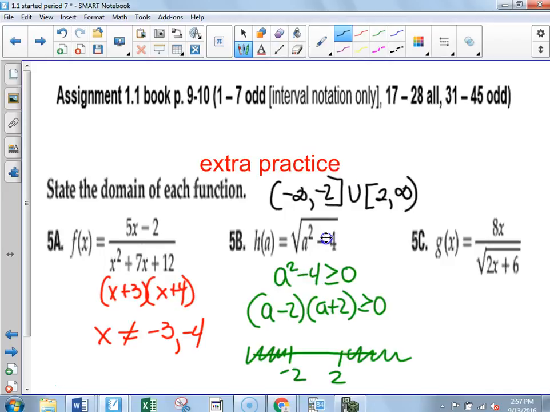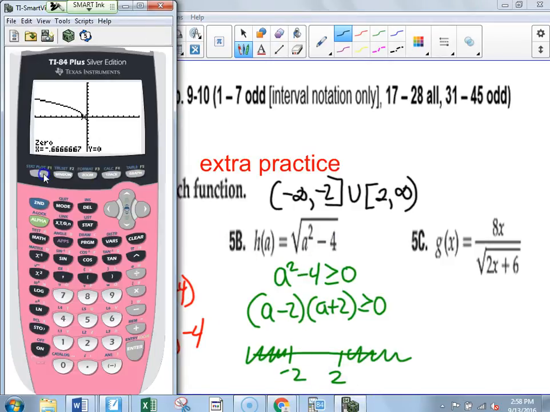Okay, let me show you the graph of that so that it makes a little bit of sense to you. That makes sense?